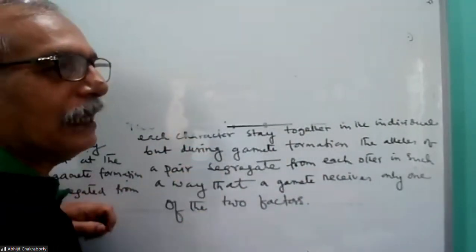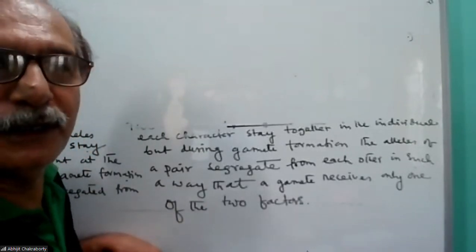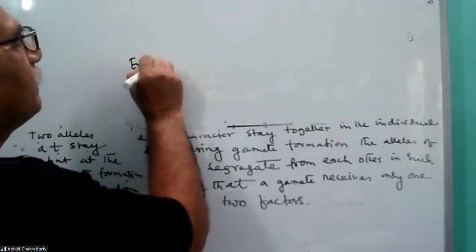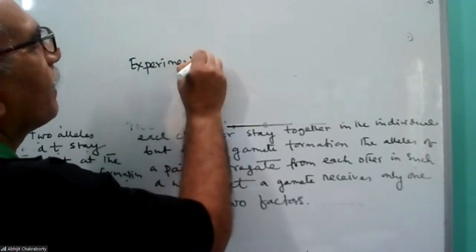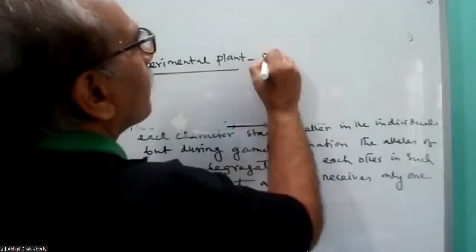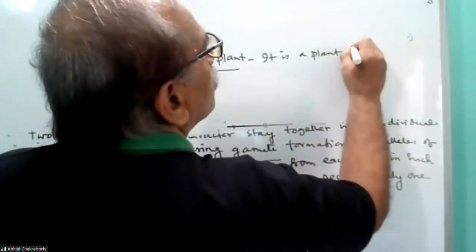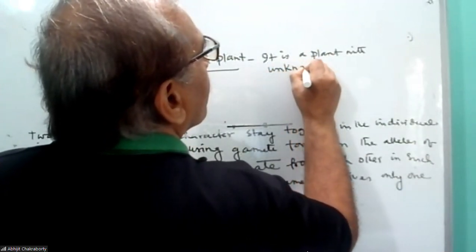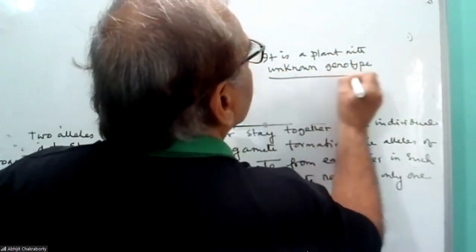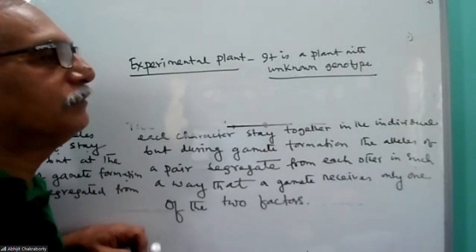It's a cross between an experimental plant and a double recessive parent. Experimental plant means the plant whose genotype is not known, a plant with unknown genotype.